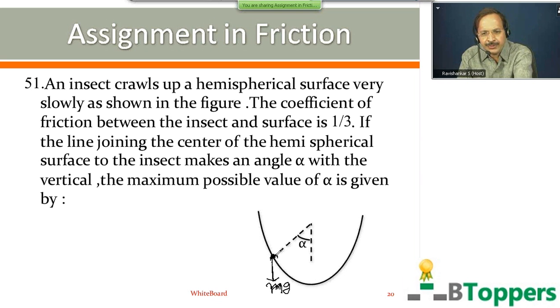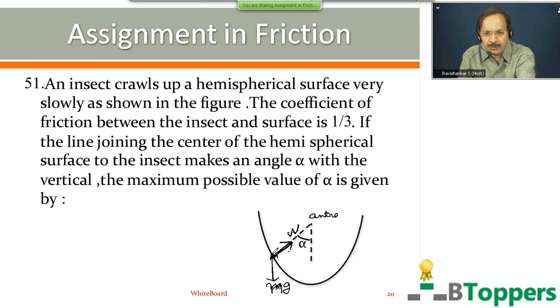The normal reaction force on the insect by the surface acts perpendicular to the surface in contact and directed away from the surface. So N represents the magnitude of the normal reaction force on the insect by the hemispherical surface, which acts towards the center of curvature of the surface.